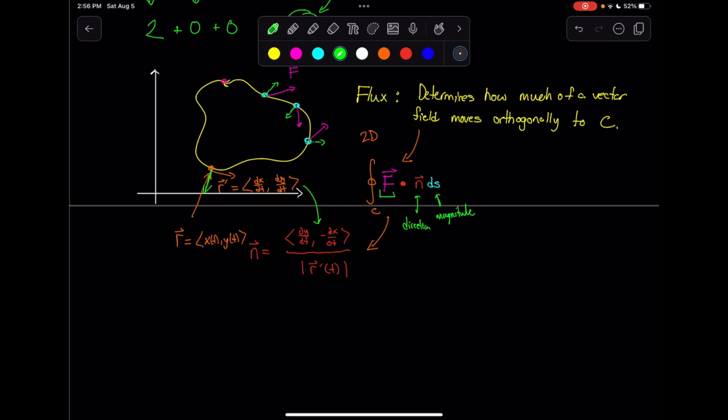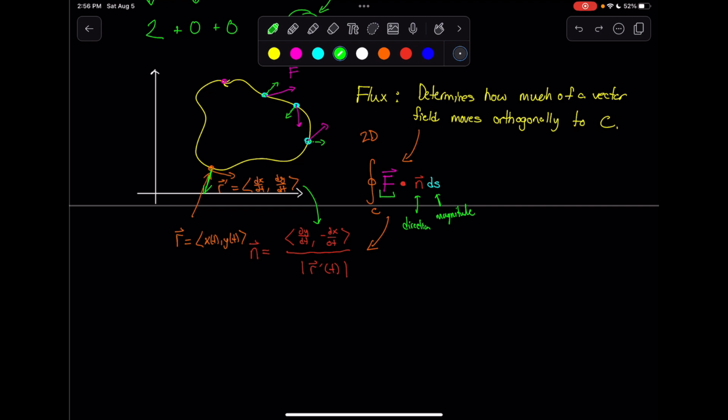And then, of course, we have to normalize it, turn it into a unit vector by dividing by the magnitude of r prime of t. So that gives us our direction over a little chunk of our curve, which is given by ds.